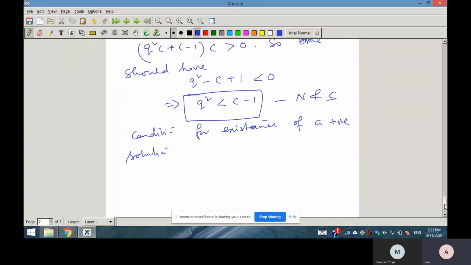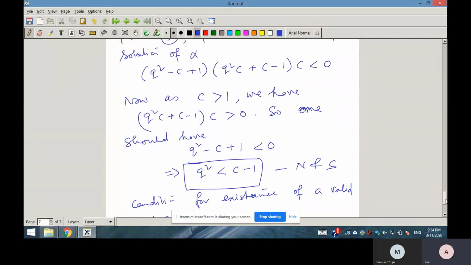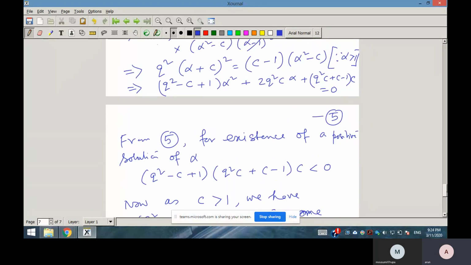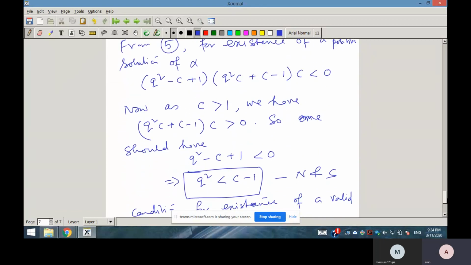Not only positive, I should say valid solution. Valid solution, because alpha is greater than 1. So a valid solution will exist.